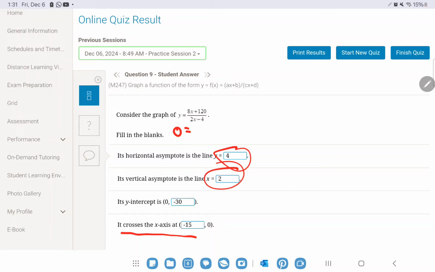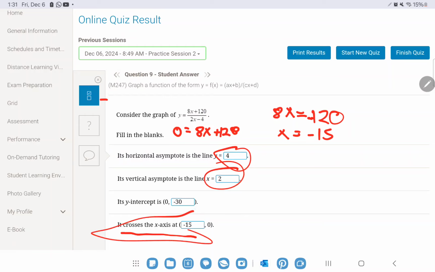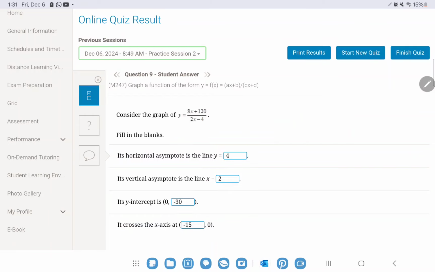So your numerator has to be the one equal to 0. So 0 equals 8x plus 120. Meaning 8x equals negative 120, so x equals negative 15. And that's how you find x-intercept. Really easy. Moving on.